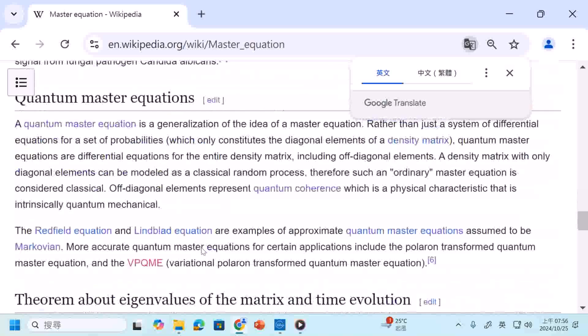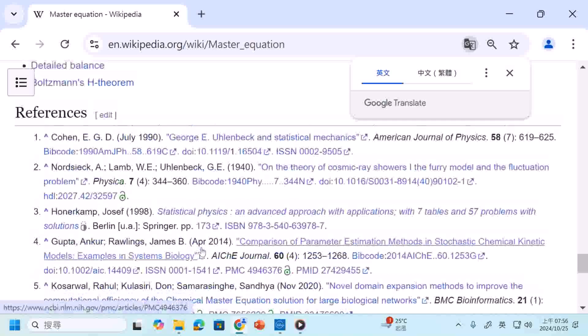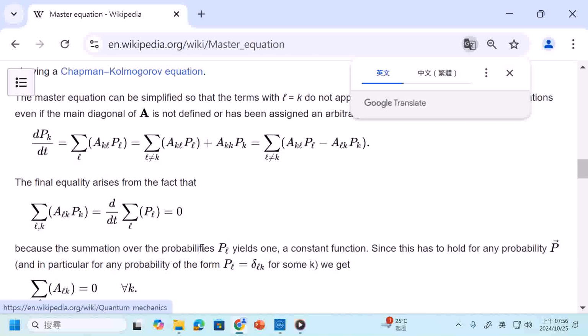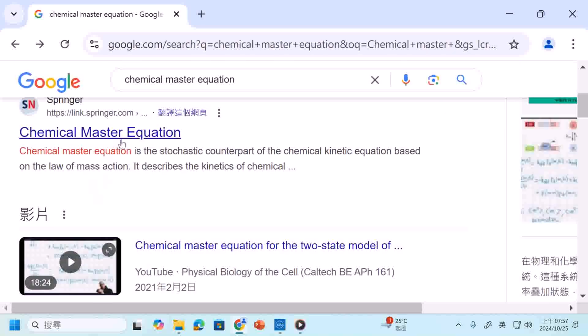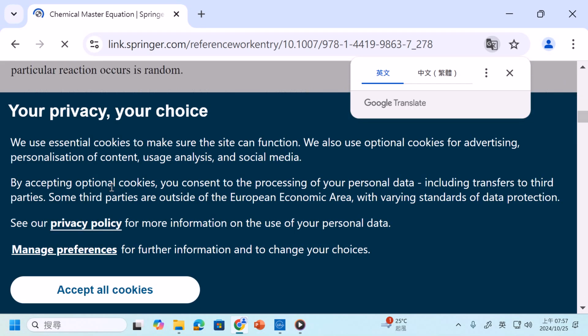Let me find an easy version for you. I use something that still looks difficult to explain this. Probably I should write it myself.